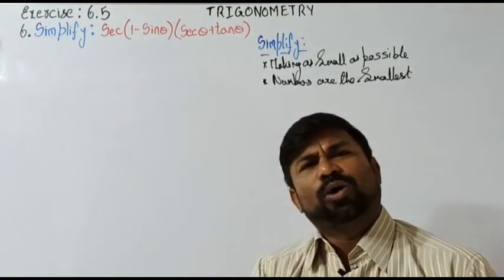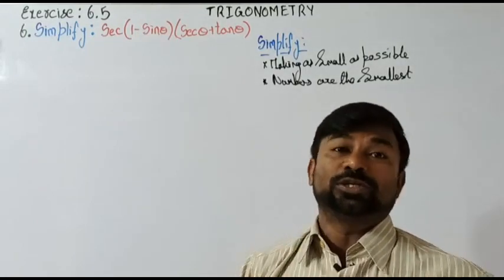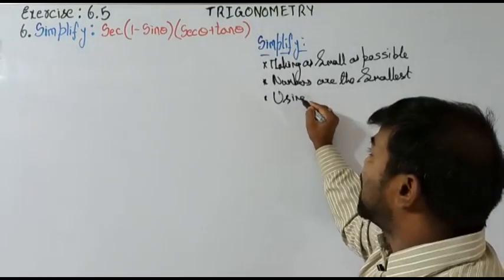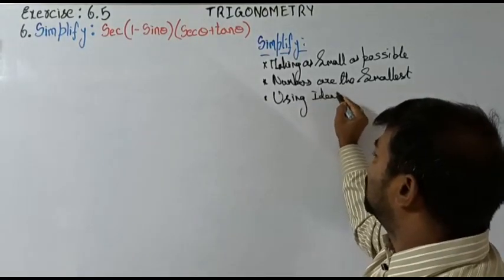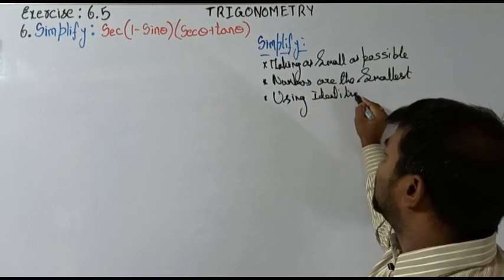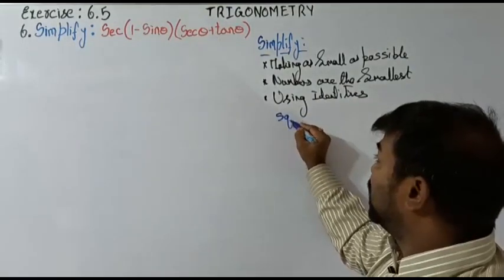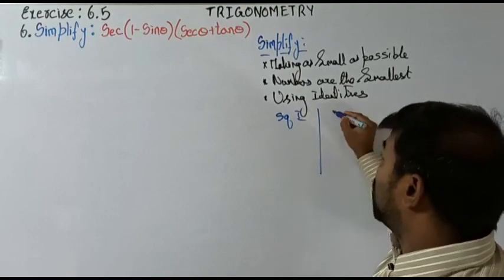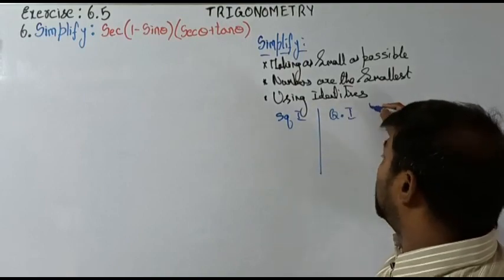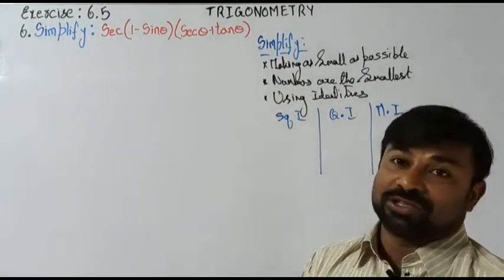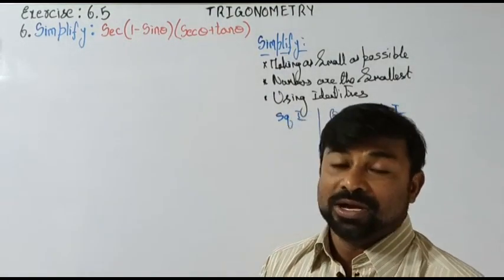How can trigonometry be converted into numbers? Using the identities. We have many identities. We have square identities, quotient identities and the next one, multiplicative identities. These are the three identities we have in trigonometry.